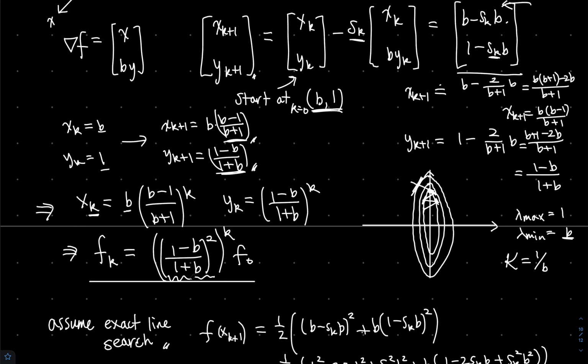We can see that also from this ratio. If we have a very small b, then 1 minus b over 1 plus b is almost 1, right? So we can see that with a quadratic problem with bad condition number, we're going to have trouble with this vanilla gradient descent.